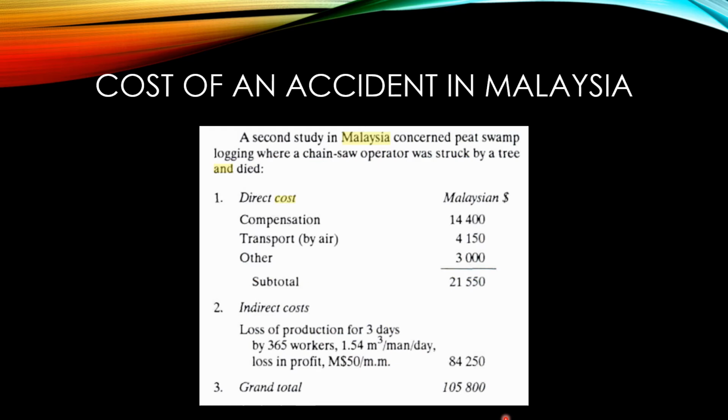In my opinion, however, I think this value grossly underestimates the true cost of an accident, a fatal accident. And that's because for a road traffic accident, I believe Miros determined that roughly a single fatality due to a traffic accident can economically cost roughly 1 million ringgit per death.